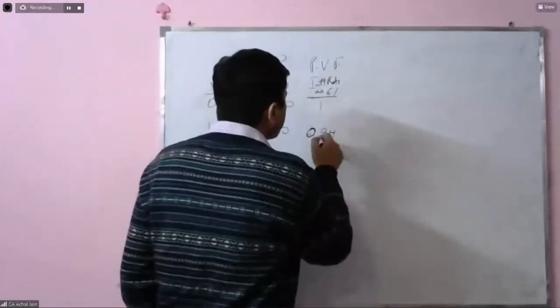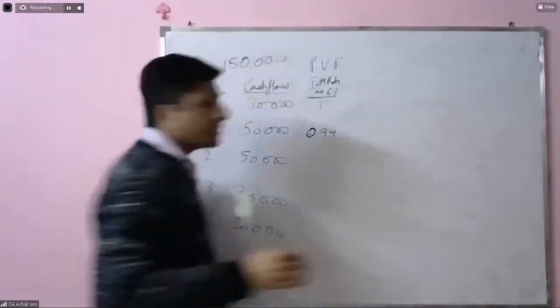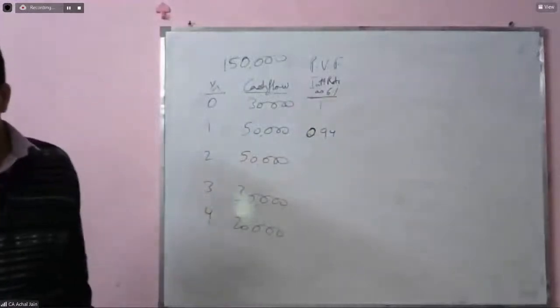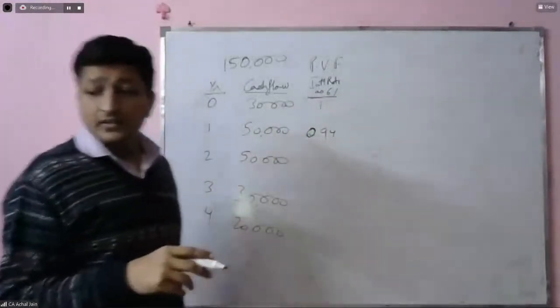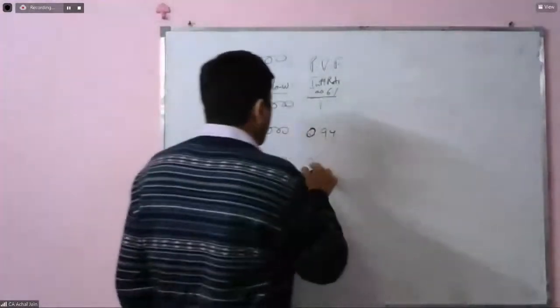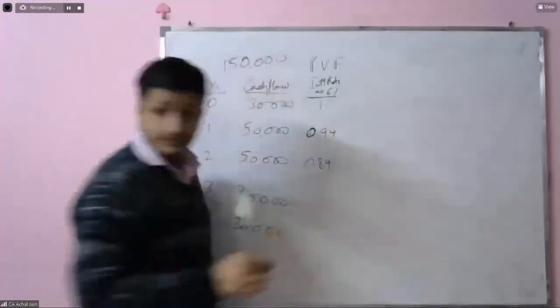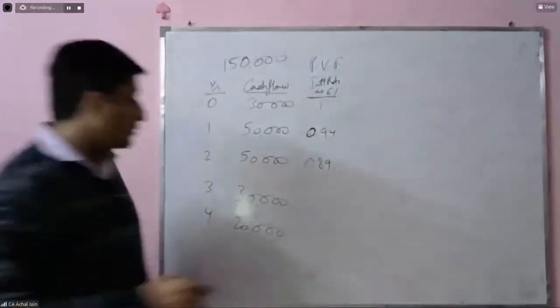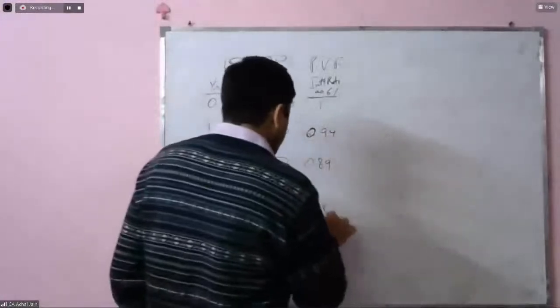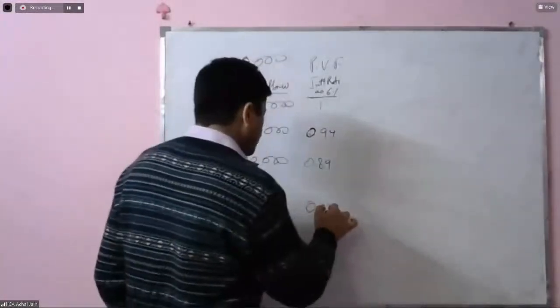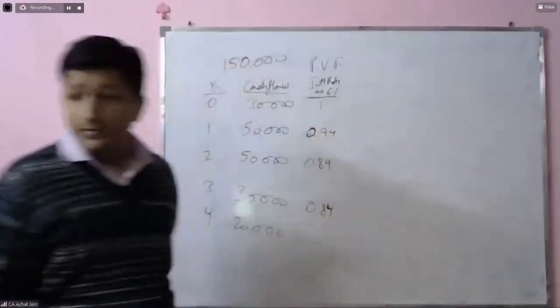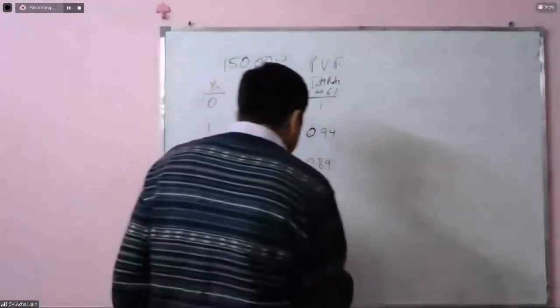I'm using decimal places only for the purposes of reference. Then year 2, it will become 0.89. Then it will become 0.84. Then it will become 0.79.